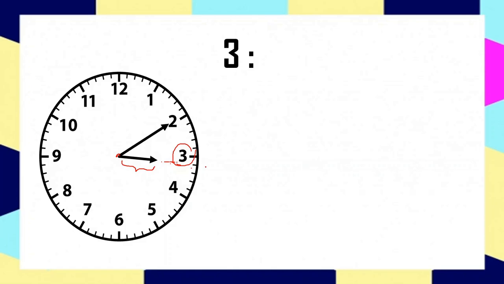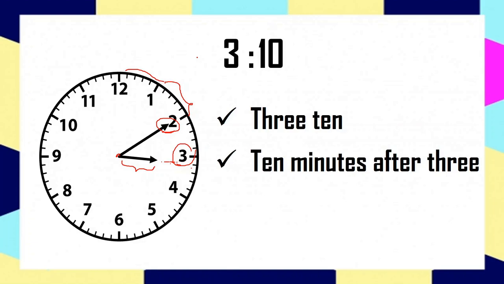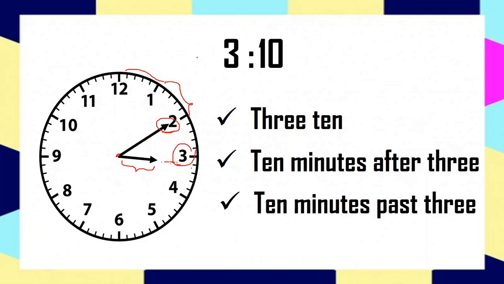And then, let's now read the long hand. And just like what I've said, for the long hand, we have to do the skip counting by 5 to read the minute hand. So this is 5, 10. So meaning that the long hand points at 10 minutes. So this time is 3:10. Or you can also say it's 10 minutes after 3. Or 10 minutes past 3.